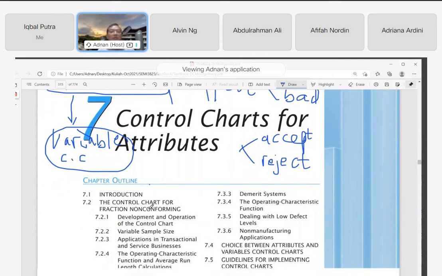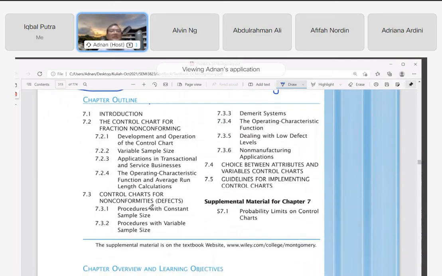So this is what I'm going to cover in these topics. Control chart for fraction non-conforming, and we also have non-conformities.